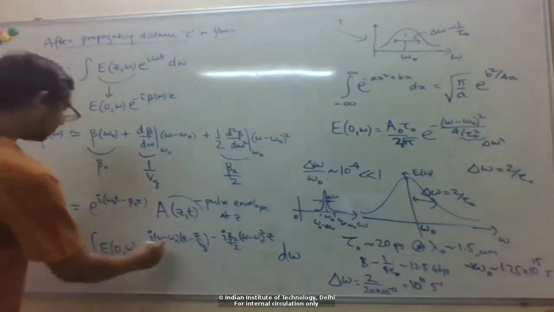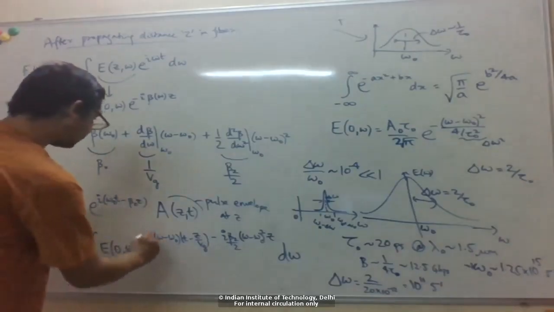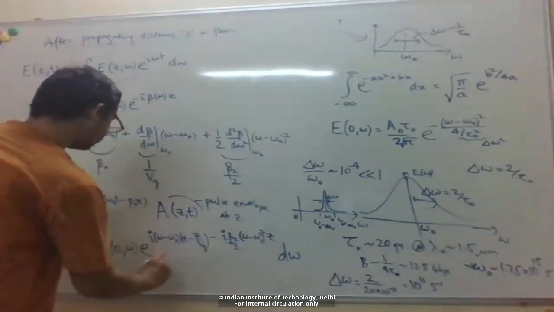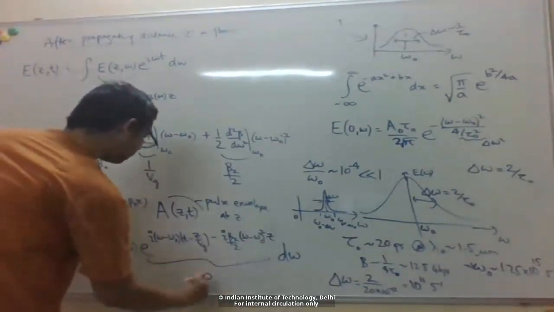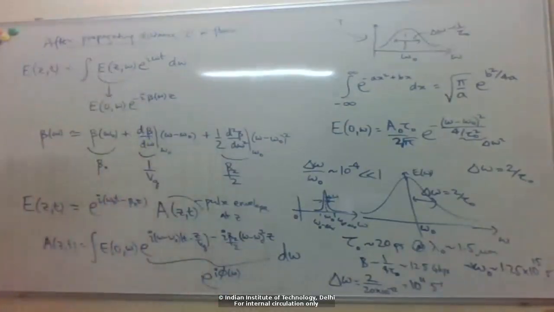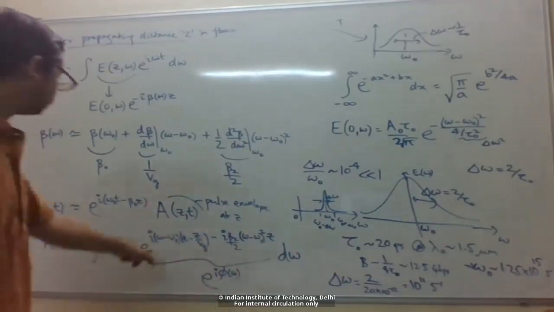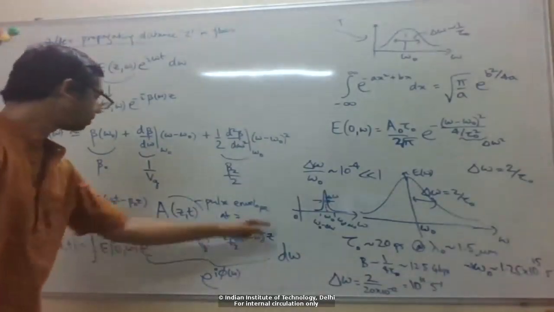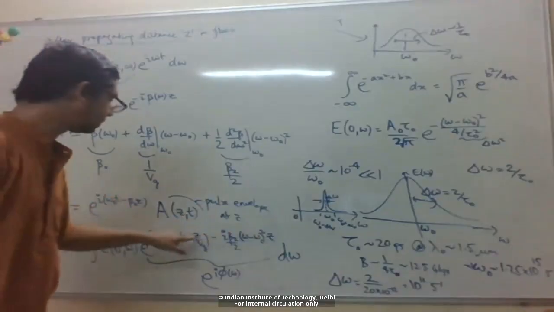Now you can see this is some phase which depends on frequency, some e to the i frequency dependent phase that we discussed last time. Basically it gives you chirping and broadening, right? So there is a frequency dependent phase which depends on the propagation distance.